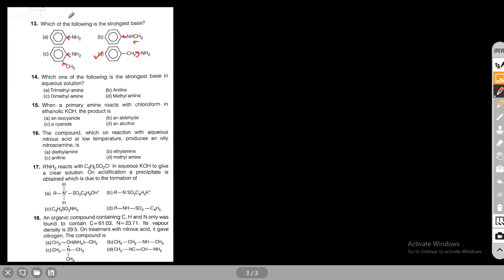What if ethyl? Yes, 213 and 231. These two you have to remember. Okay, so option C is correct here. This is important, you must keep this in mind.